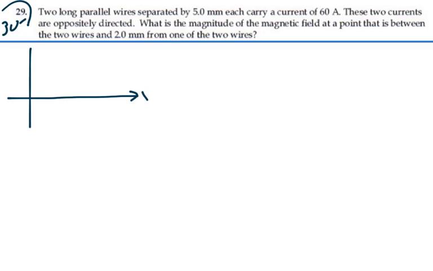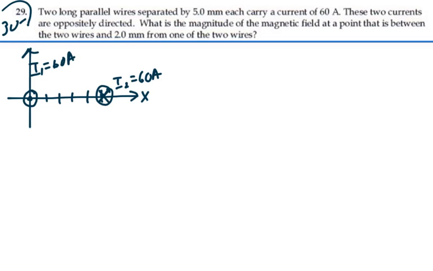So we can actually put these two wires on the x-axis. And let's have one wire come out of the page towards you. So we'll call that I1, which is 60 amps. And then we have the other wire, I2, also 60 amps.